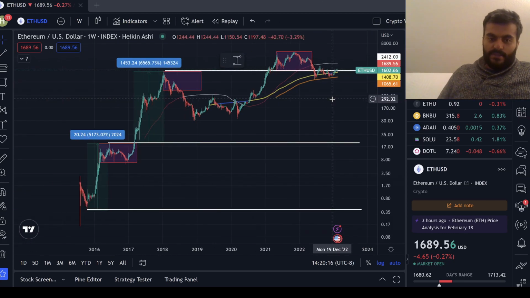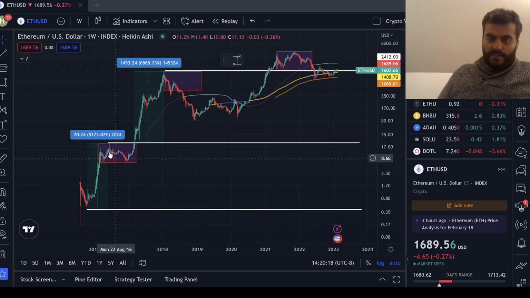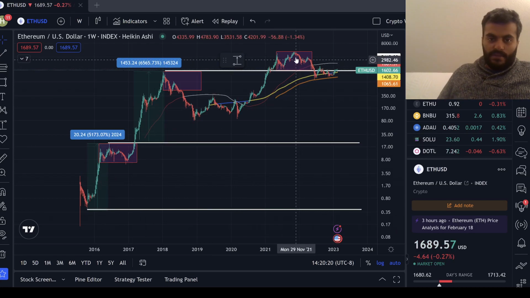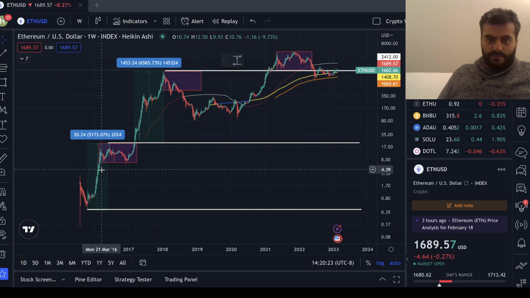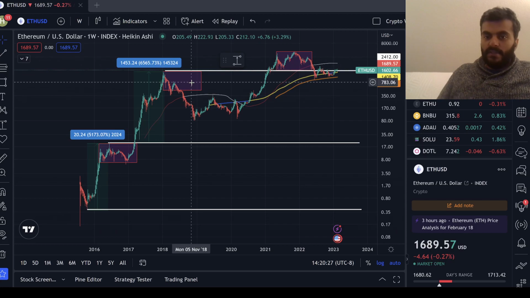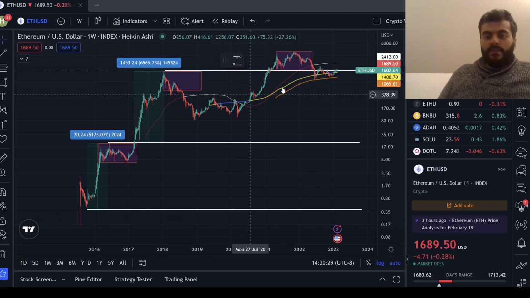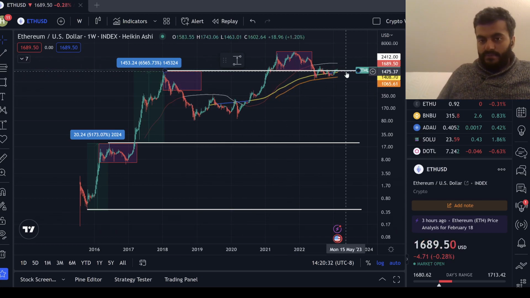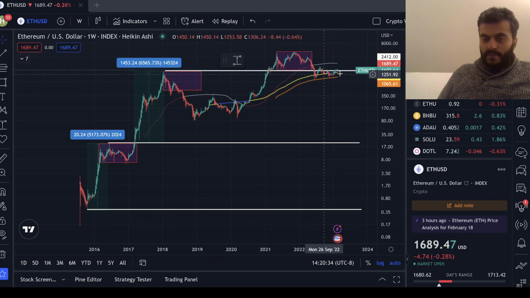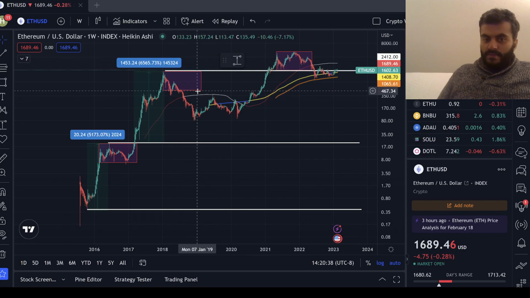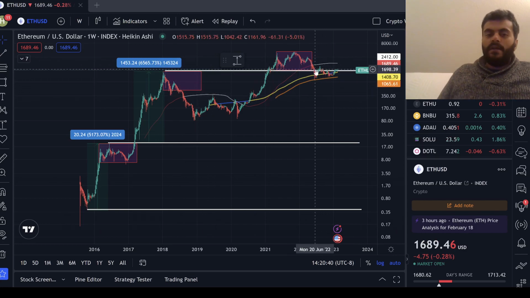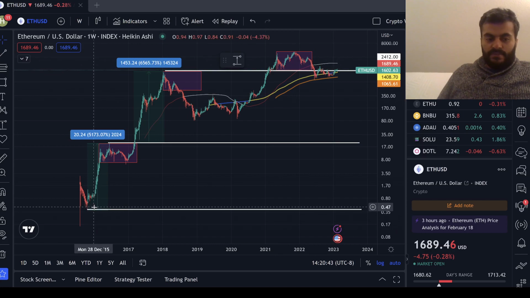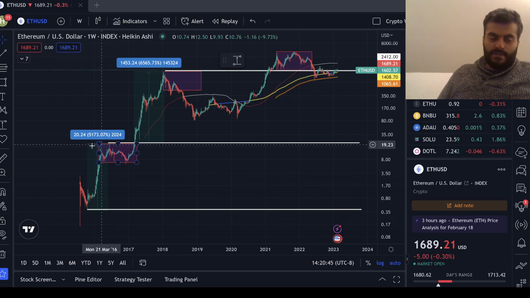So let's assume that we are seeing something like a stretched out version of a combination of this market cycle and this market cycle. That would mean that Ethereum could spend a considerable amount of time before it visits this box in red.